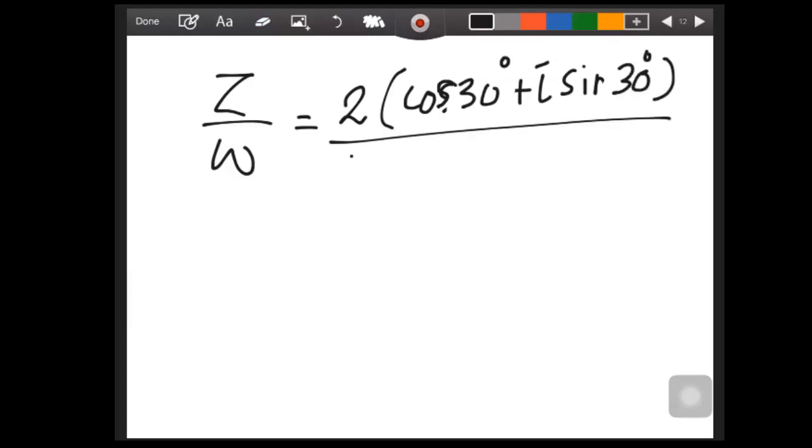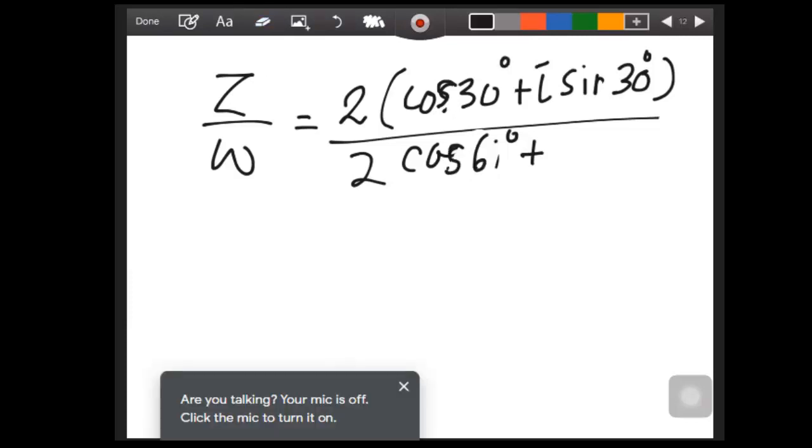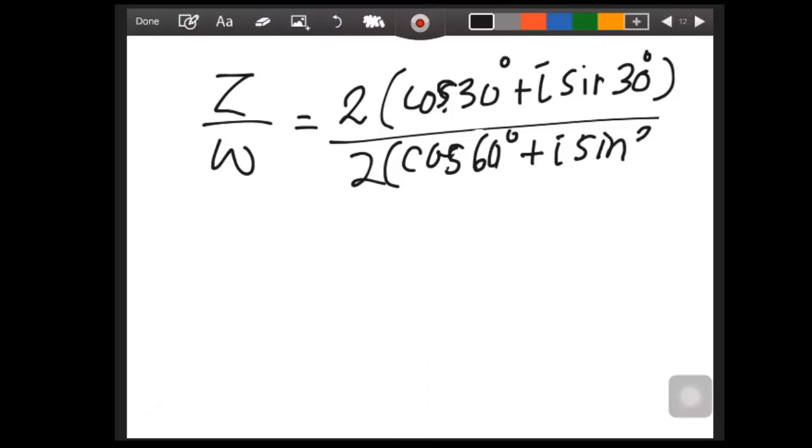Ya, 2. Okay, yang tadi cos 60. And then kita ada i sin 60.